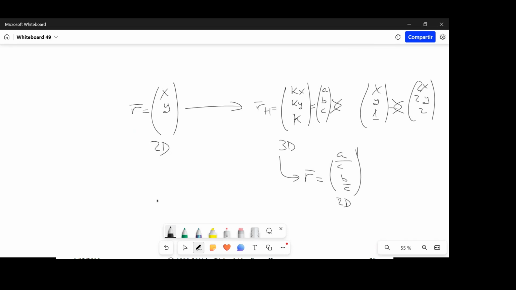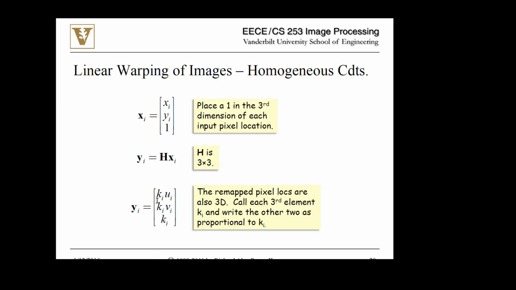But there is not a unique homogeneous coordinate associated to a given point. There are infinitely many. So next day, we will look for H. We will look for what the transformation is.